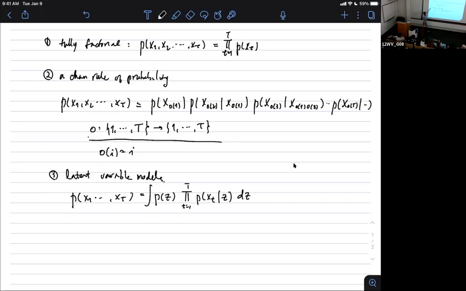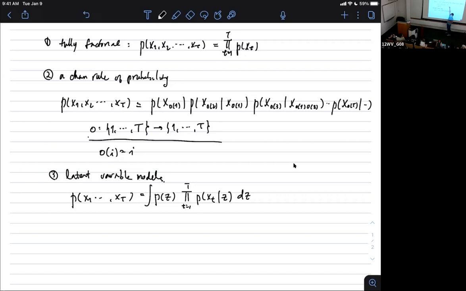For the chain rule probabilities, my understanding is you try not to include the words that come after a given word. Yes, if we use O of i equals i, that automatically happens, because it's the same as the probability of x2 in the next one.